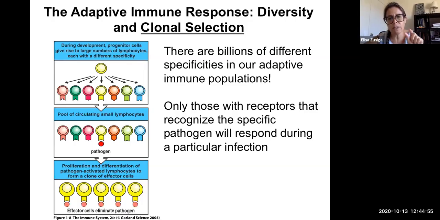So for example, here, we may have expanded some of the clones that are specific for other coronaviruses we have encountered, and they recognize a sequence in the spike protein or other protein of these previous coronaviruses that is exactly the same as the sequences conserved in the SARS coronavirus 2 that is causing COVID-19.